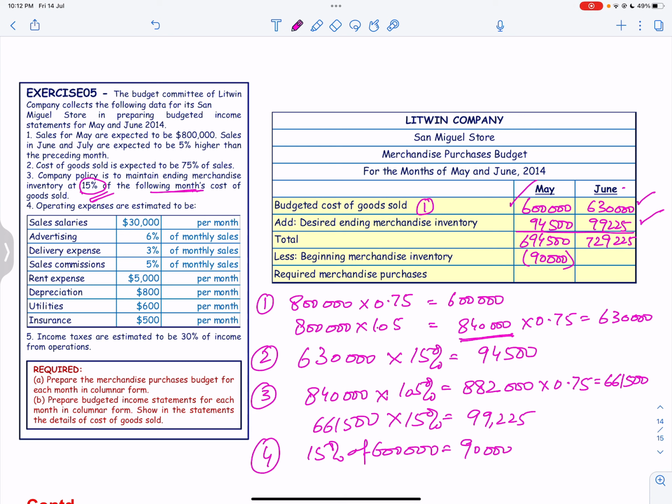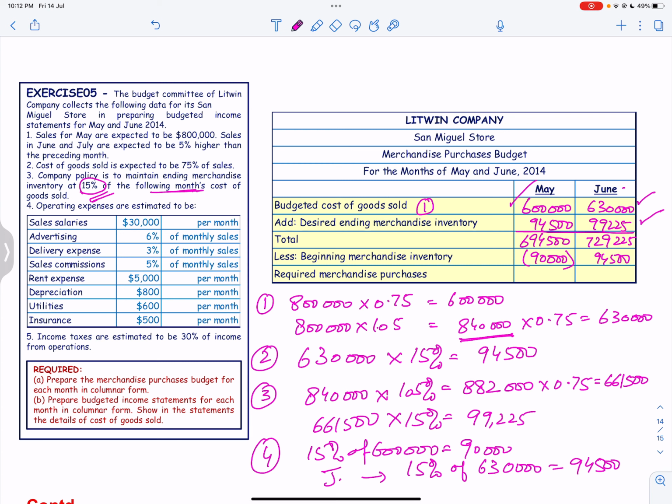And for the month of June, this will be 15% of the cost of goods sold, that is 630,000. So this will be equal to 94,500.